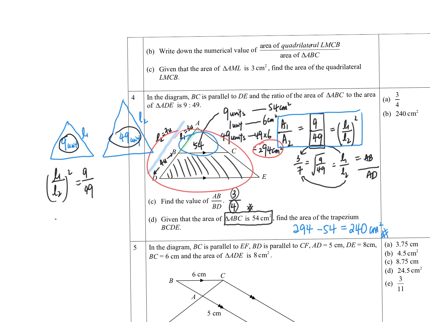So if I take a square root, I notice that I will get 3 out of 7. So that means this is 3, this is 7. So this part here is 3. They want me to find the ratio between the top part and the bottom. So that's why it's 3:4.